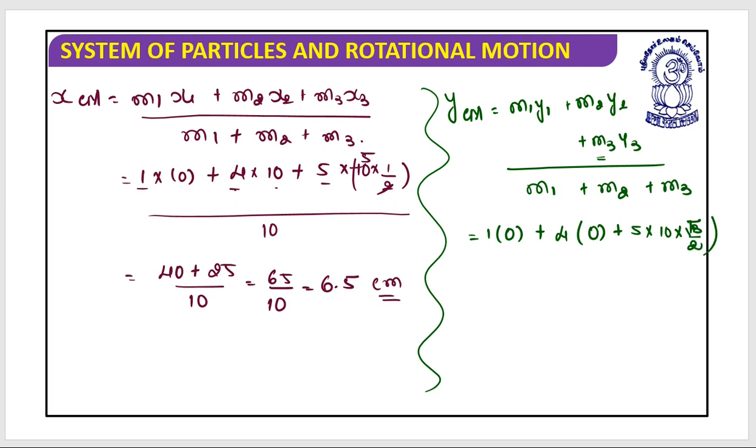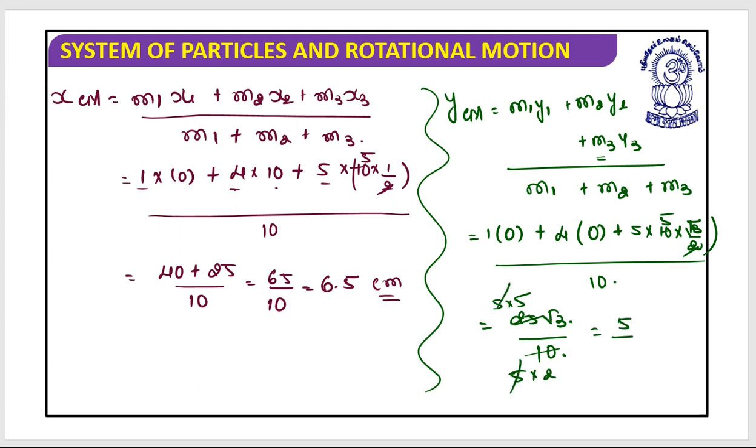I hope this is clear. Divided by m1 plus m2 plus m3, which is a total of 10. So this is 5 into 5, 25 root of 3 divided by 10. It's 25 into root 3 divided by 10. So the 5 5 has gone, and I have been left with 5 by 2 multiplied by root 3.